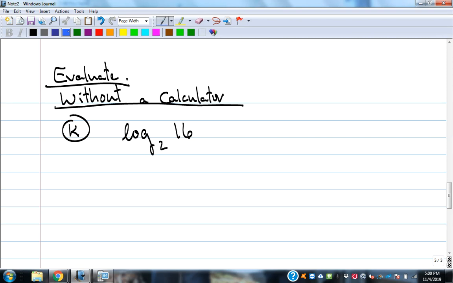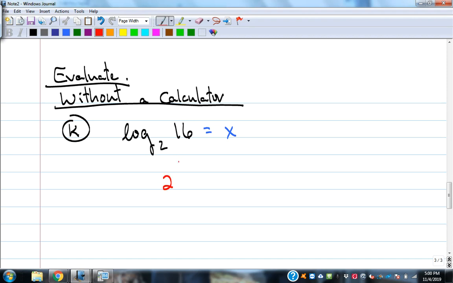If we can turn this into a multiplication problem, we can turn it into something we know how to do. So the idea is manipulating the problem to make it something we know about. I'm going to make this equal x. The original problem did not have the equal x. I'm just putting it in there because it's going to help me rewrite this logarithmic statement as an exponential statement.